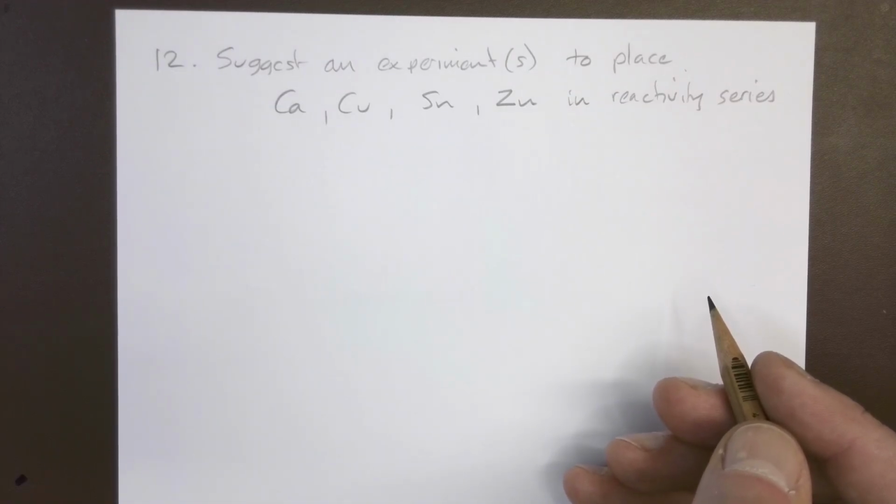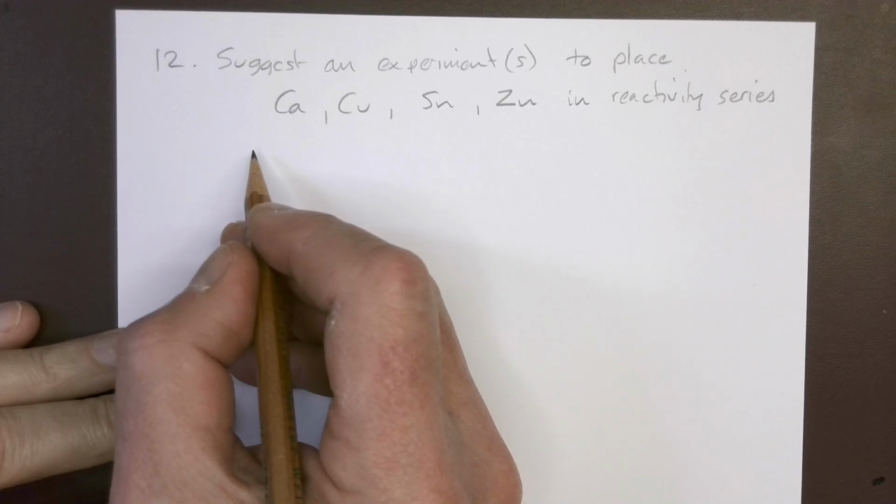Now there are two simple ways to do this, but only one of which you have learned in National 5.